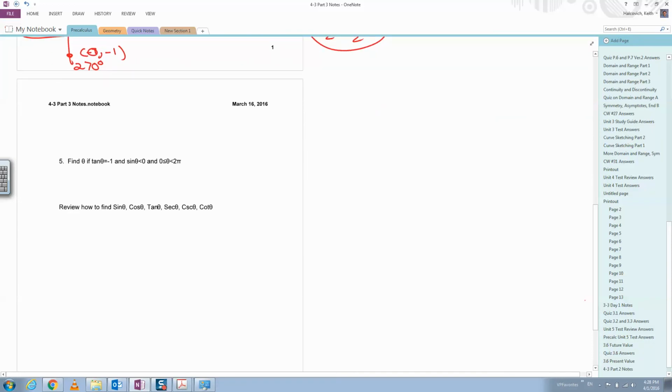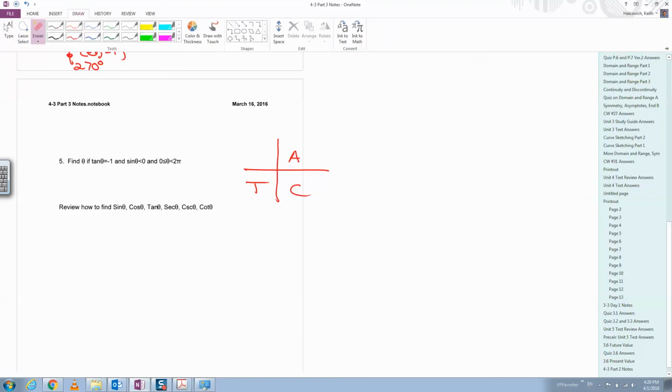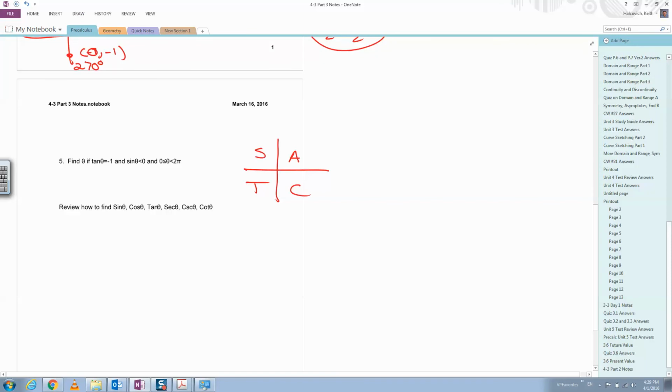All right, final question. It says to find the theta if the tangent of theta is negative 1 and the sine is negative. Well, remember, tangent is negative, if you remember, all students take calculus, in the second and the fourth.